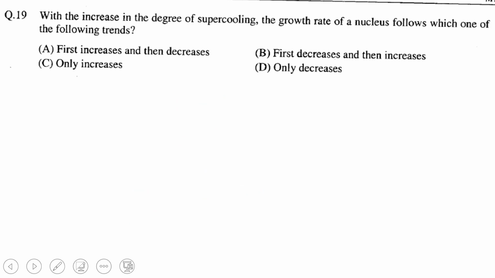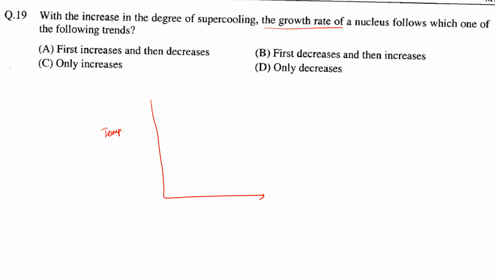Let us move on. With the increase in the degree of supercooling, the growth rate of a nucleus follows which one of the following trends? Right, guys? So it is asking about this growth rate. If you see the diagram, this is your temperature, and this is the rate.